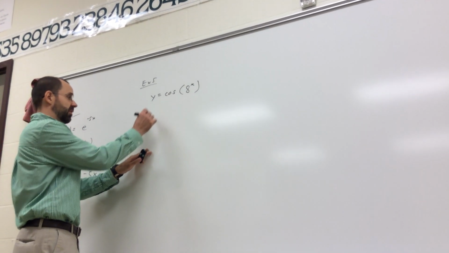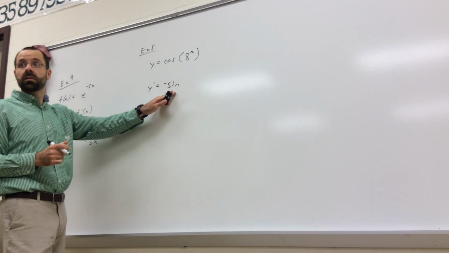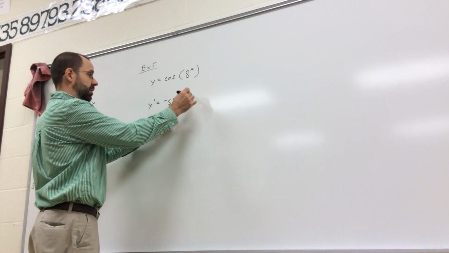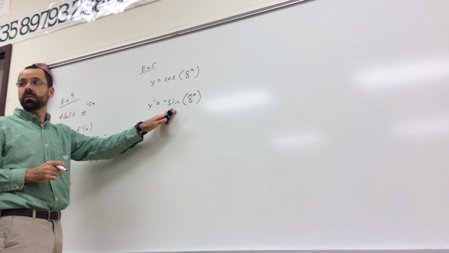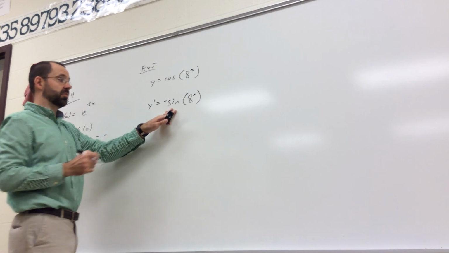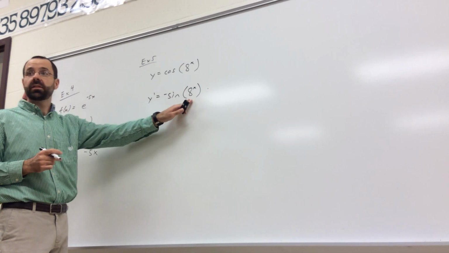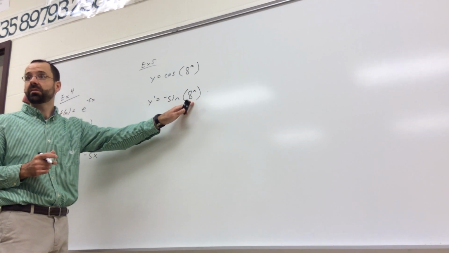Okay, so you take the derivative of the outside, then you plug the regular inside into it, and then you multiply by the derivative of the inside. So we have to take the derivative of 8 to the x.